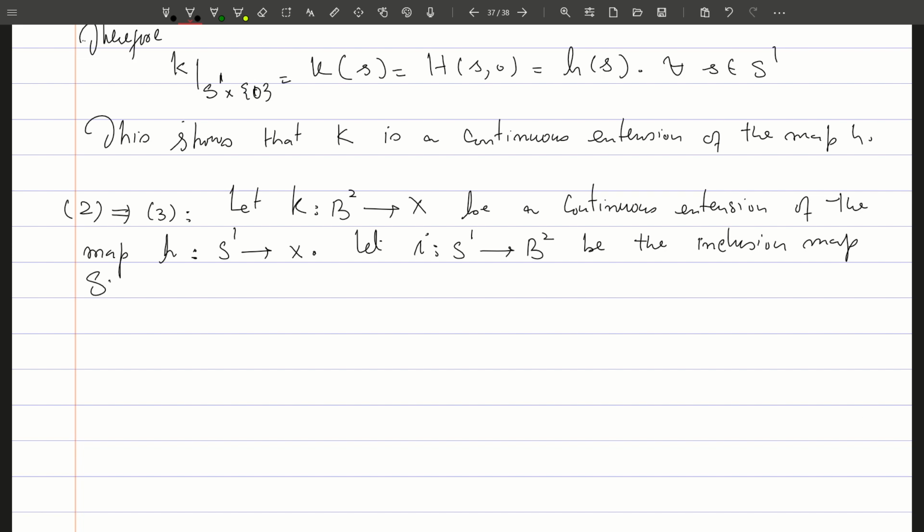Now one can note here, since K restricted to S1 is just the map H, we have that H is nothing but the composition K composite I. So here we have I, which is a map from S1 to B2, and from B2 to X we have the map K. Look at this composition: we get a map from S1 to X, which is just the map H. So we have K composite I to be the map H here.